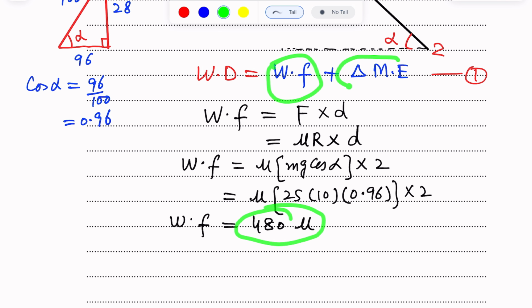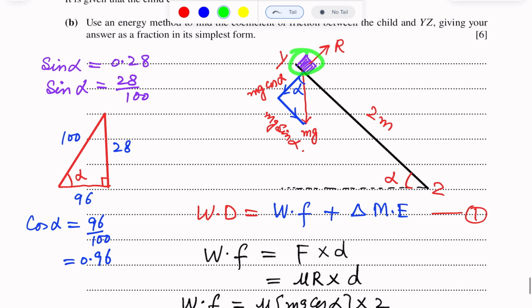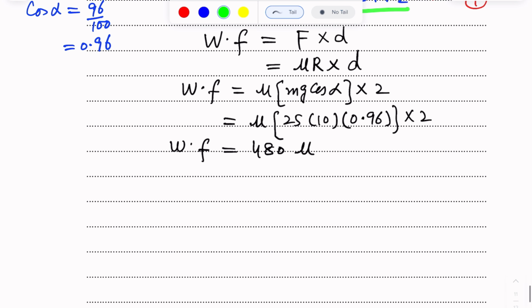Now we will find the change in mechanical energy. For this we will find the mechanical energy at Y and the mechanical energy at Z. Then we will subtract the mechanical energy at Y from the mechanical energy at Z to find the change in mechanical energy.